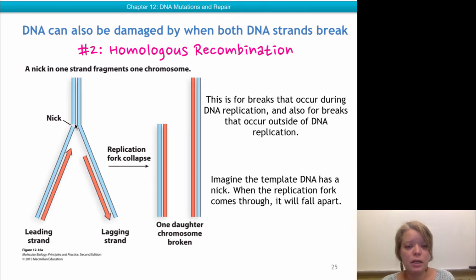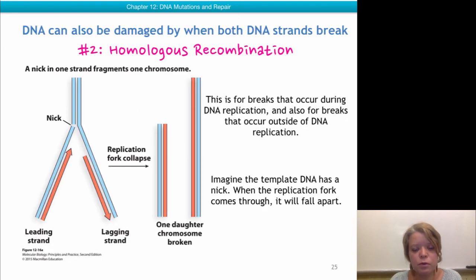So when there's a single-stranded nick inside a chromosome and replication is occurring, it can result in replication fork collapsing and one daughter chromosome being shorter than the other. So damage like that has to be repaired.